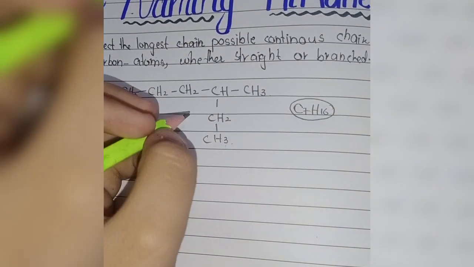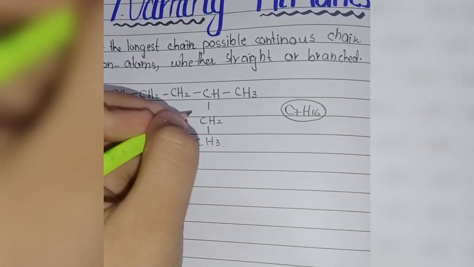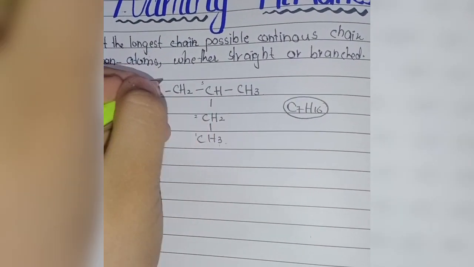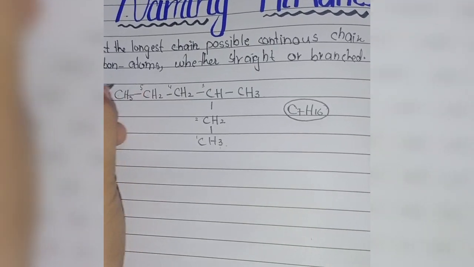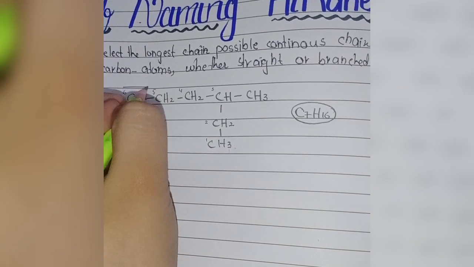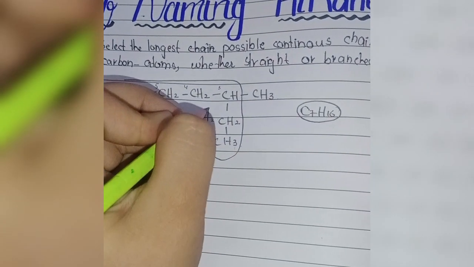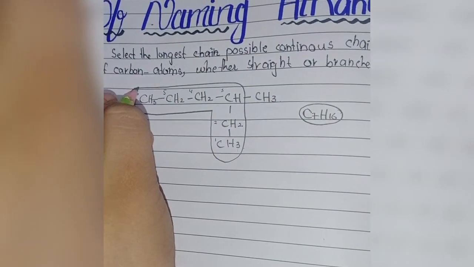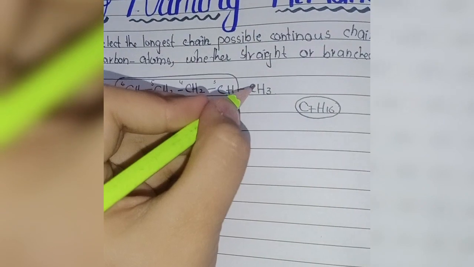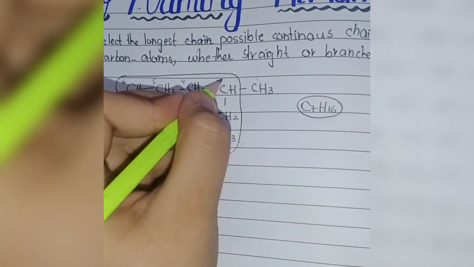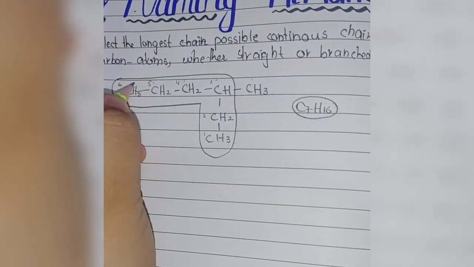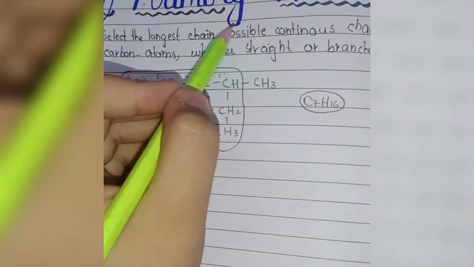If we give numbers from here like 1 2 3 4 5 6, then this is what we have, the branch chain. And suppose if we give the numbers from here, you can see 1 2 3 4 5. We have to select the longest possible chain.